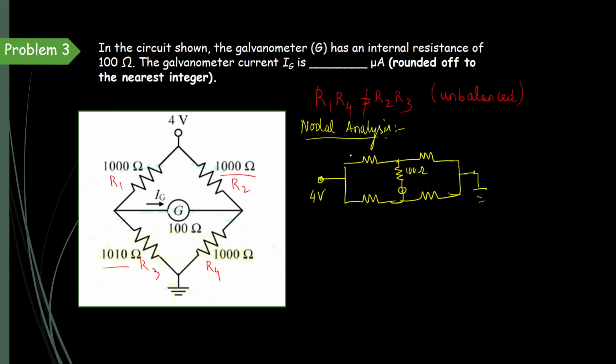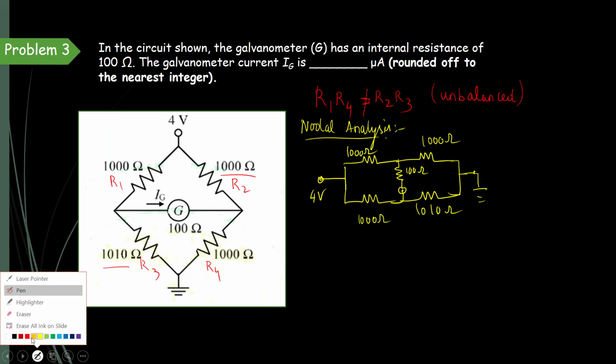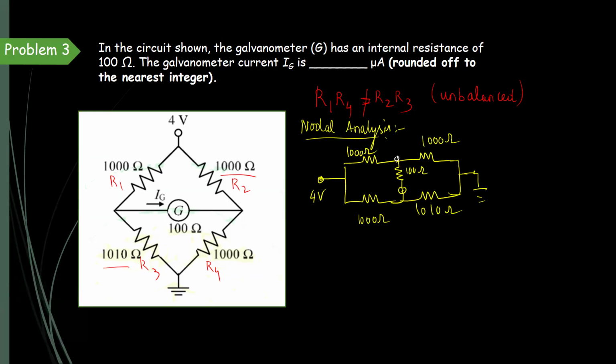Here this is 1000 ohms and here 1000 ohms, and here 1000 and again 1000 ohms, 1010 ohms. So we have two nodes. I am marking them as A and B. The voltages at the nodes I am marking as VA and VB.